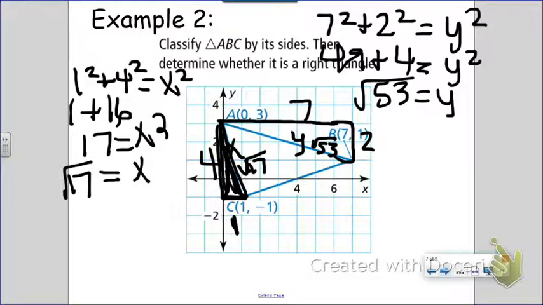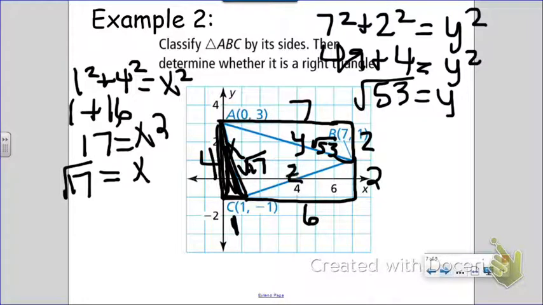The other side of the triangle is a six by 2.